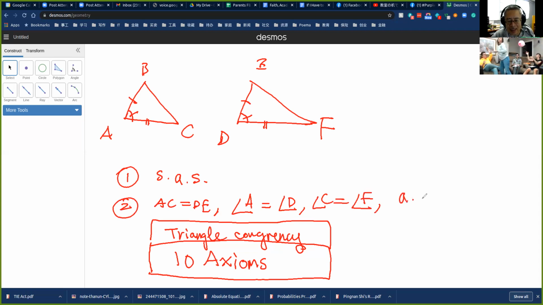So that's angle side angle. We have this angle and that angle congruent, and this side and that side congruent, and also this angle and that angle congruent, then these triangles are congruent. Good.